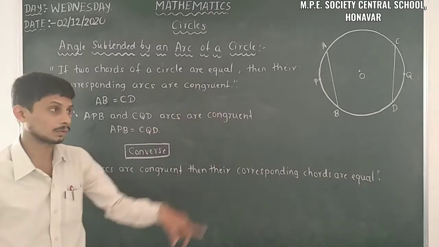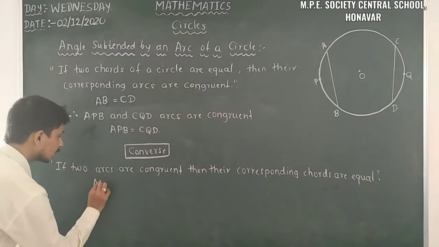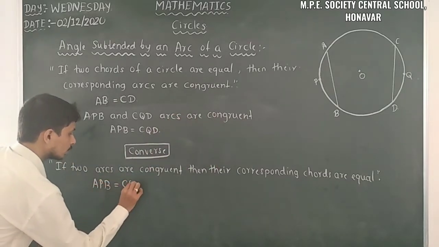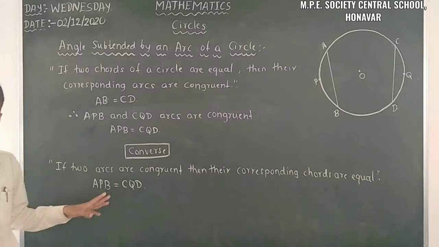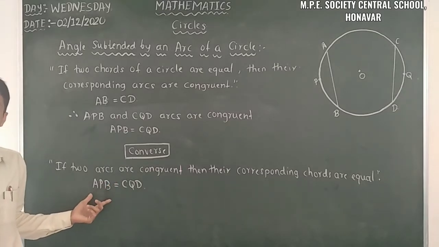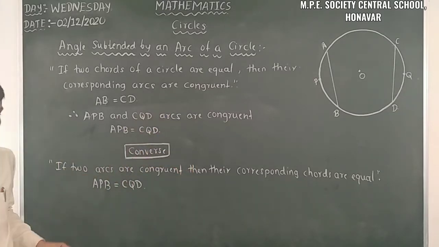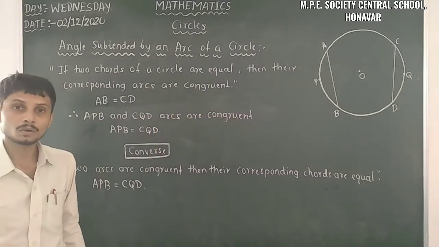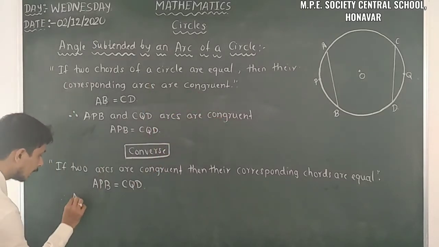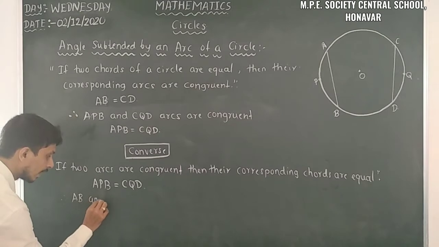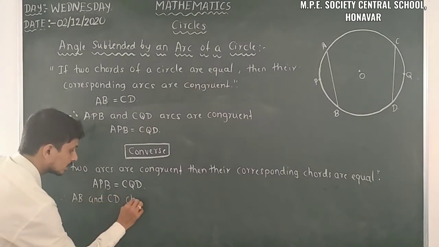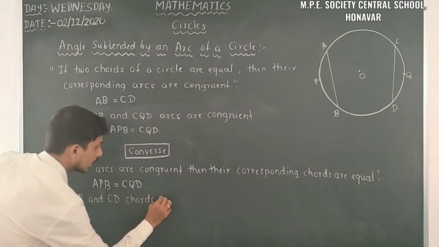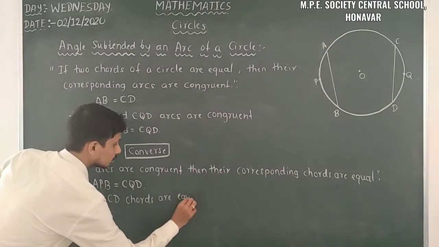Firstly we take that APB is equal to CQD. Those two are equal. Then what are the corresponding chords? For APB, AB is the corresponding chord, and for CQD, CD is the chord. Therefore chords AB and CD are equal.